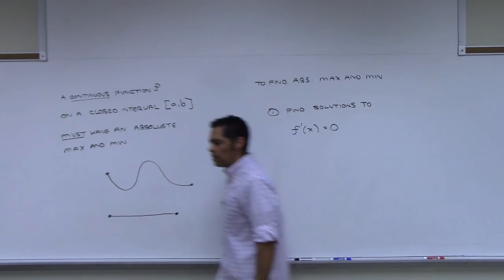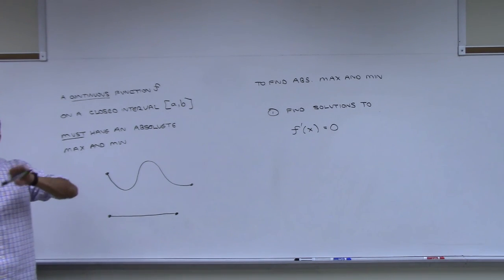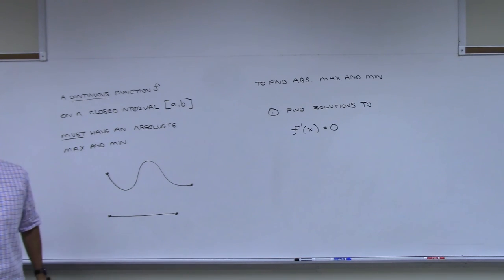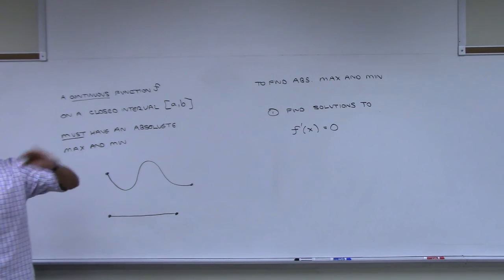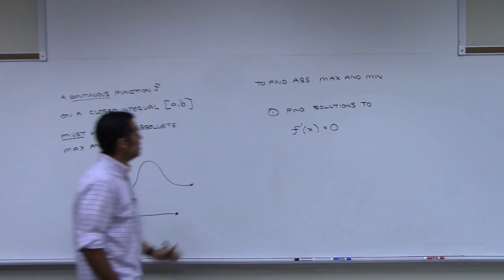Now, did we do that in the previous sections? When we were trying to figure out local max and min, didn't we take the derivative and set it equal to 0? So that's the same thing, right? And then we did all number line and all that stuff, right? Not the case anymore.